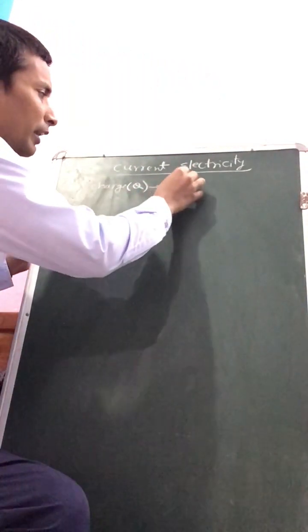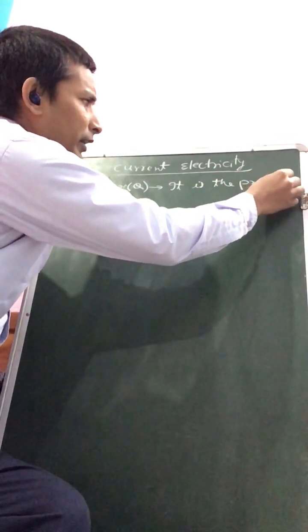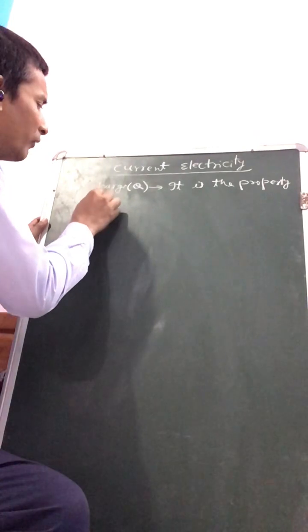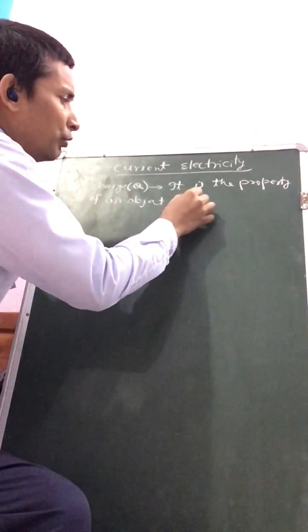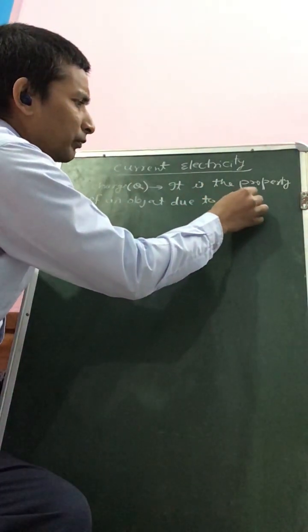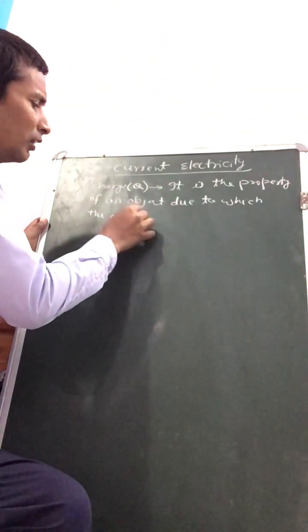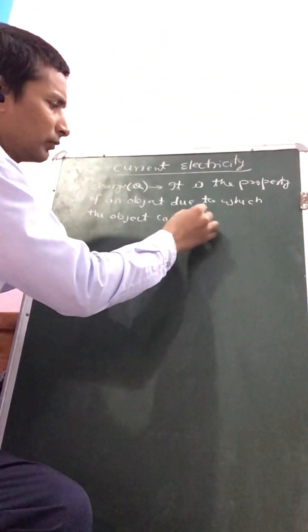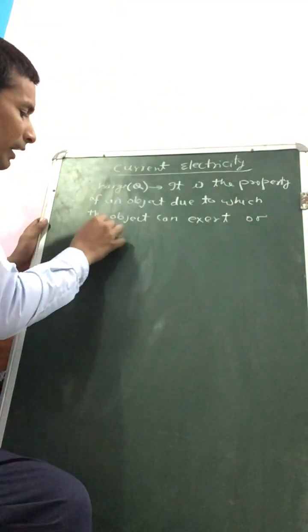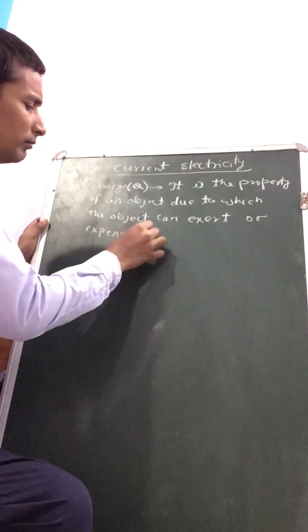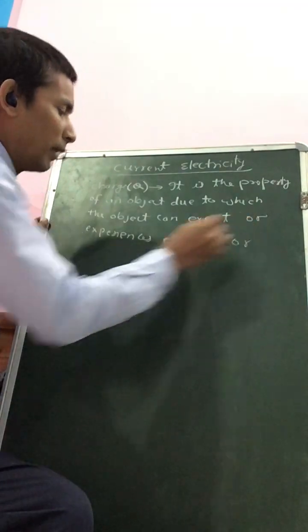So it is the property of an object due to which the object can exert or experience electrical or magnetic effect.